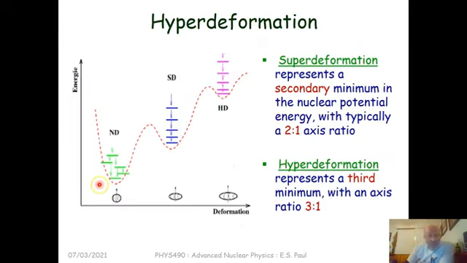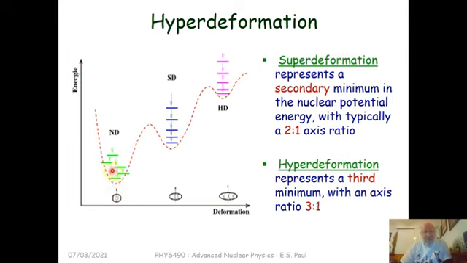Now, we've been talking about super deformed shapes, but in principle we might also expect a hyper deformed shape, which would have a 3:1 axis ratio. And again, if we plot the potential energy here as a function of deformation, this is what we would expect.